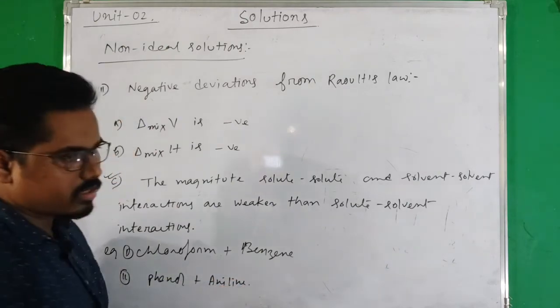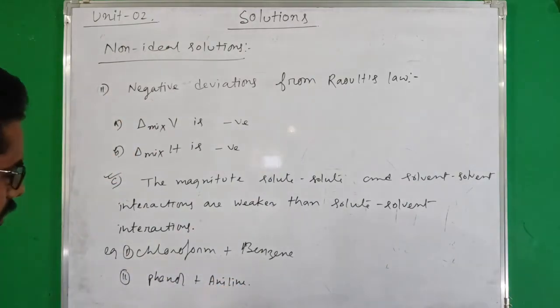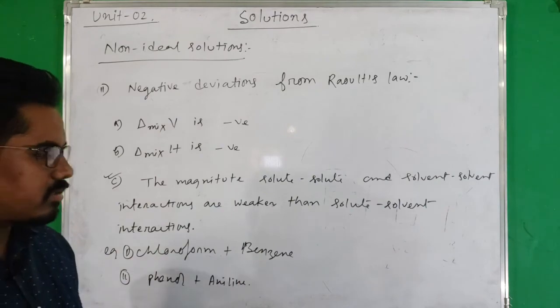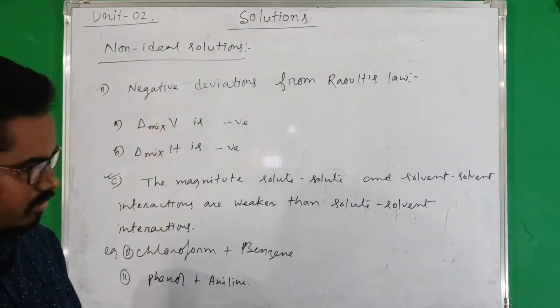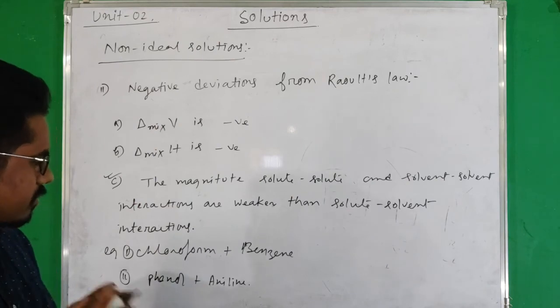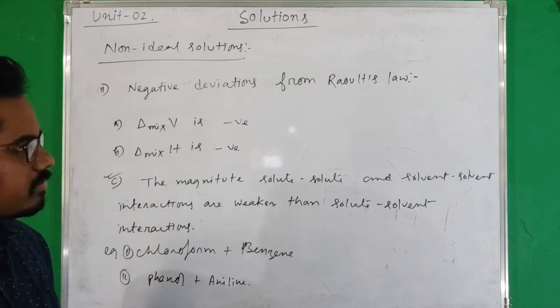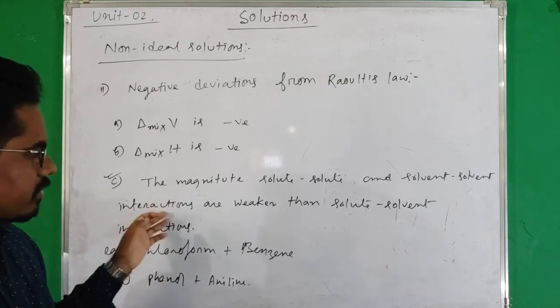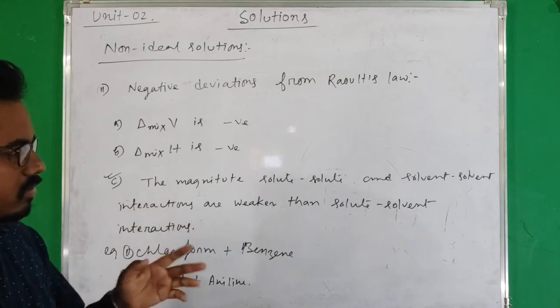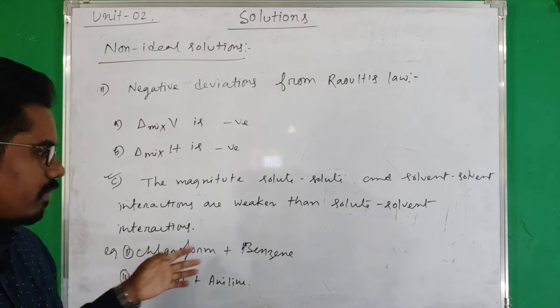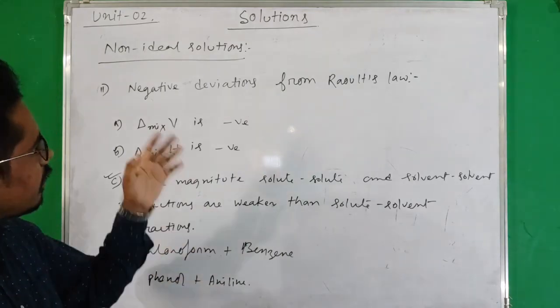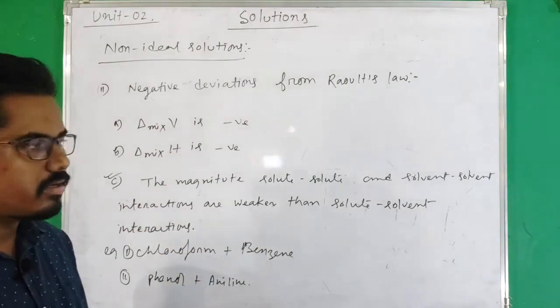In exams, questions are also asked: explain why a solution of chloroform and benzene shows negative deviations from Raoult's law. So we have to answer that in case of this solution, the magnitude of solute-solute and solvent-solvent interactions are weaker than solute-solvent interactions. Therefore, the solution of chloroform and benzene shows negative deviations from Raoult's law.